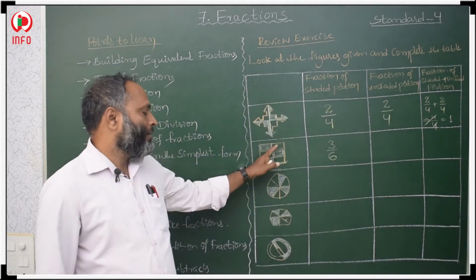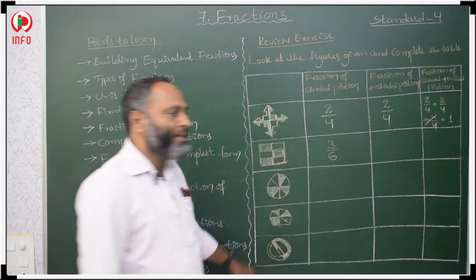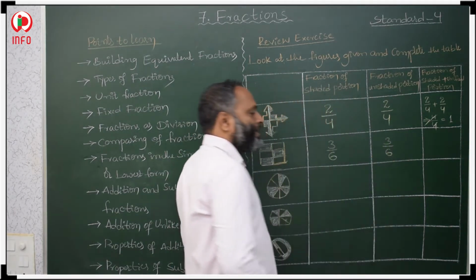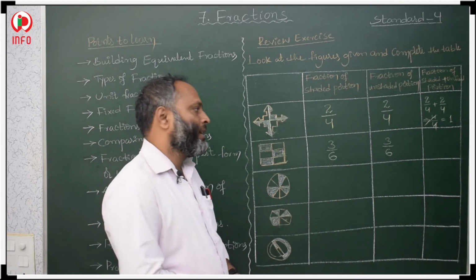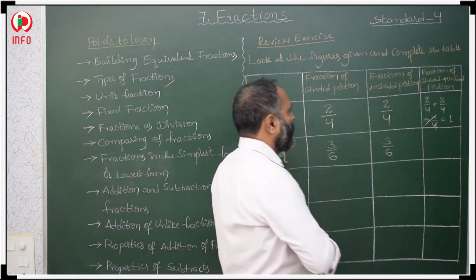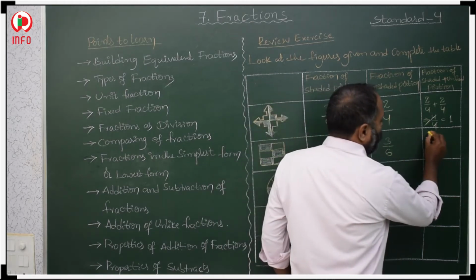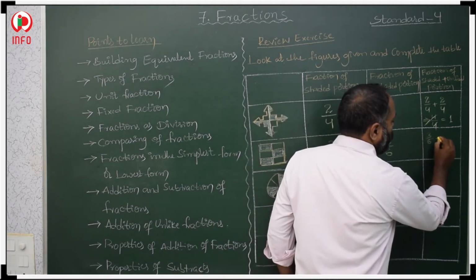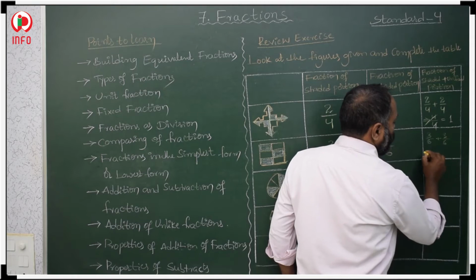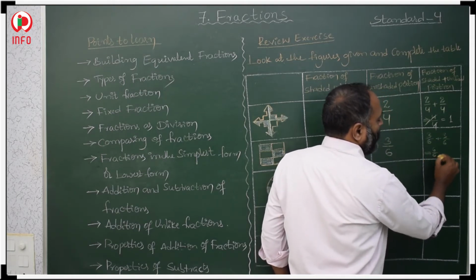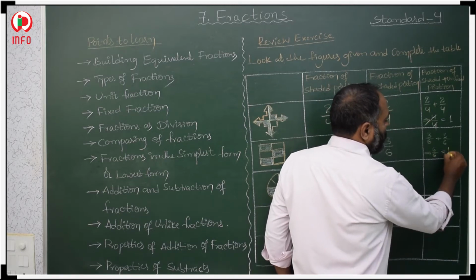Unshaded portions are 1, 2, 3, so unshaded is also 3 by 6. Now we add shaded and unshaded, 3 by 6 plus 3 by 6, which is 3 plus 3 is 6, 6 by 6. Numerator and denominator are the same, so it is equal to 1.